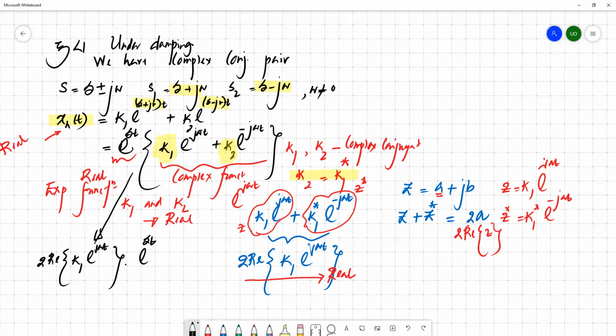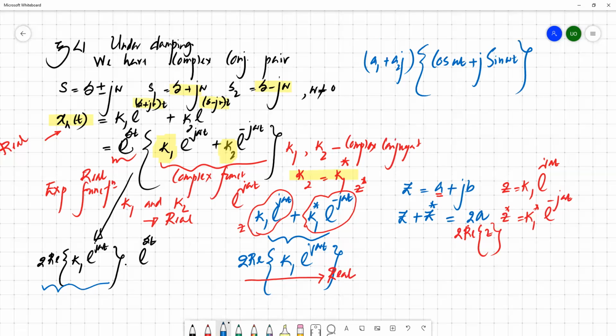To simplify this block further, let's assume k1 is a complex number in the form a1 plus a2 j. We can simplify e to the power j omega t by Euler's formula, so this becomes cos omega t plus j sine omega t.